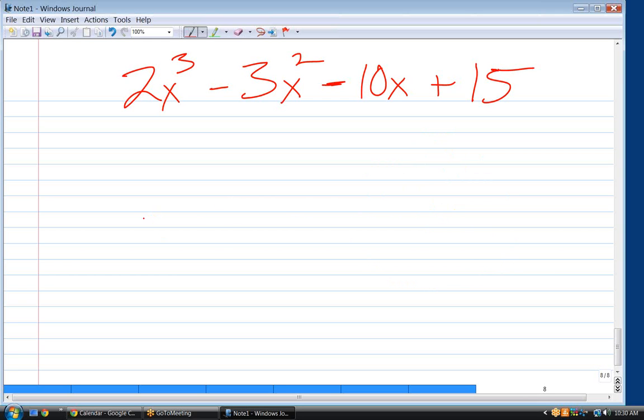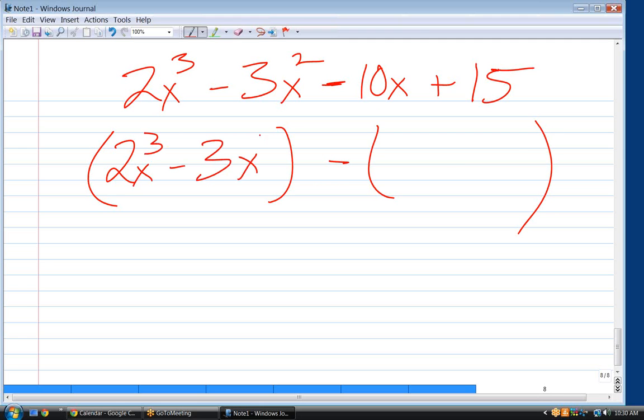So group everything for me in parentheses and tell me what you get. So it should be 2x cubed minus 3x squared. That parentheses isn't particularly needed, but we're going to use it anyway because we're going to then factor a greatest common factor out of that. This is the step that everybody screws up.